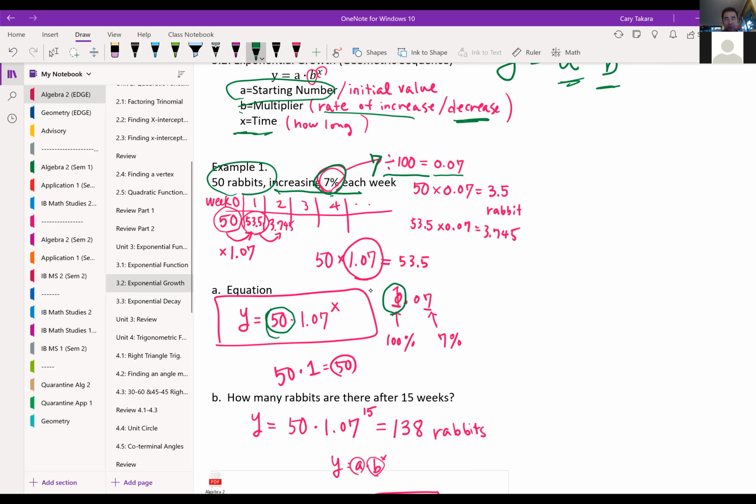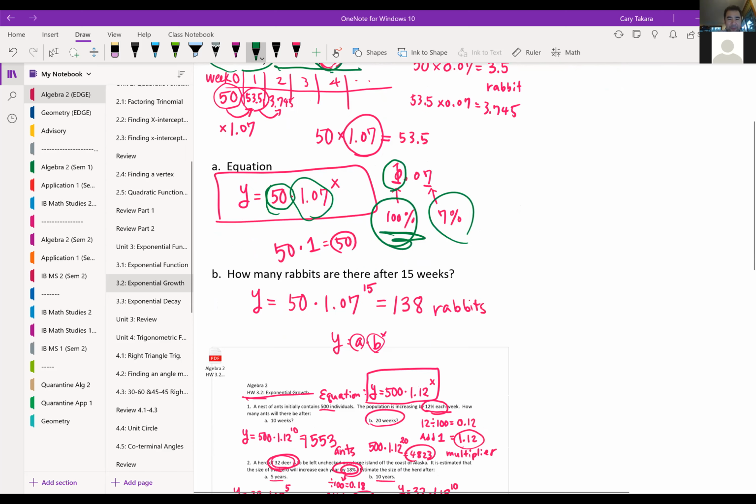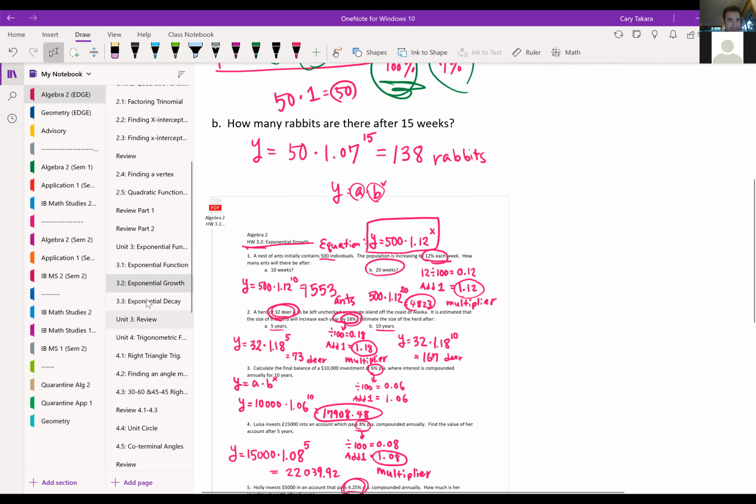If you want to bring all 100% of the rabbits back and 7% more, you need to have a 1, because 1 represents 100%. Does that make sense? So the rate will be not just 0.07, but it will be 1.07.